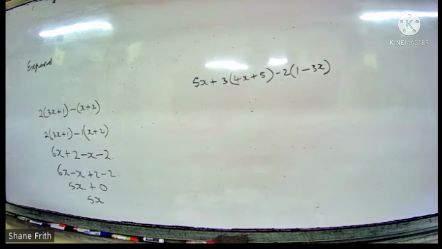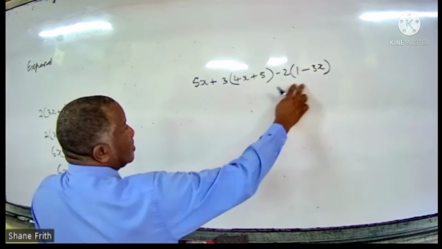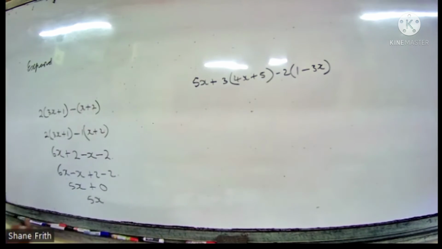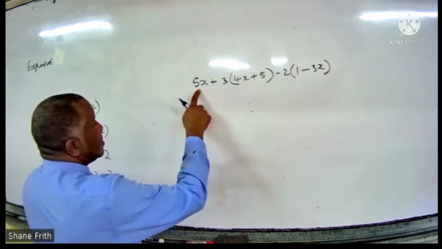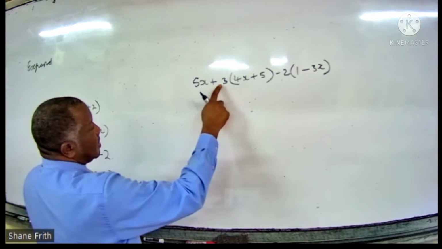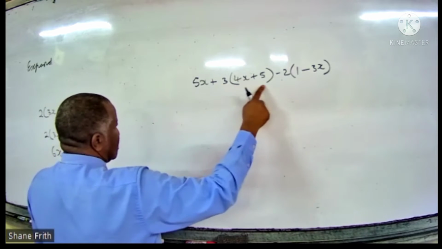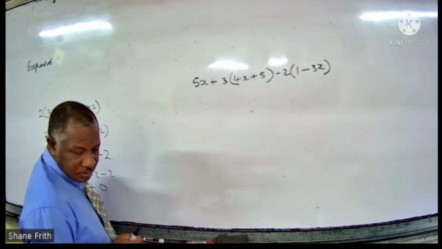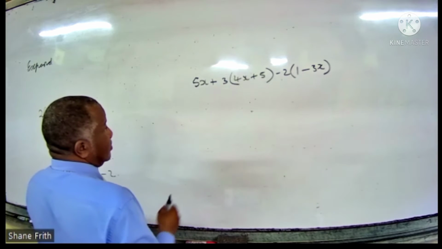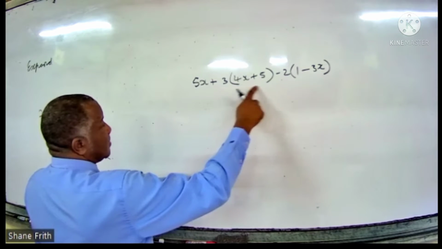So let's look at the next example. All right, notice that I have 2 brackets here. So I'm going to have to expand those 2 brackets. All right, and notice that the 5x here plus 3, right? The 3 here is to expand the bracket, right? So the purpose of this 3 is to expand the bracket, right?